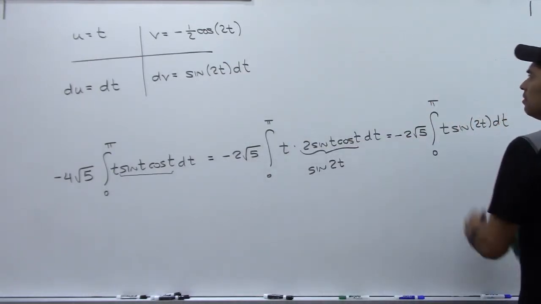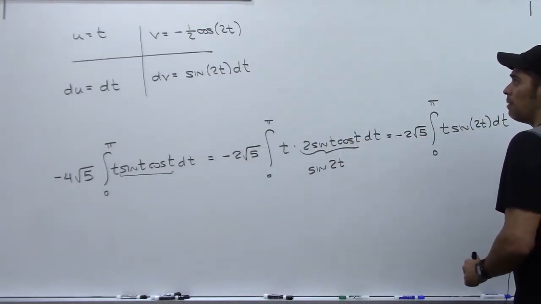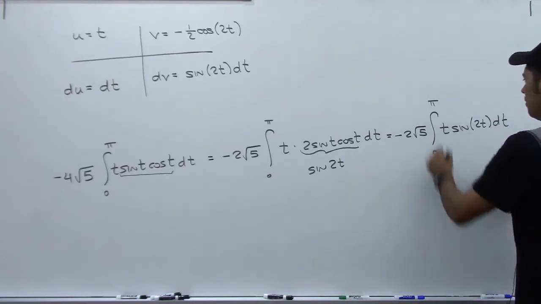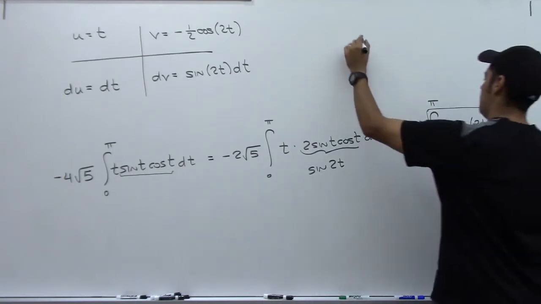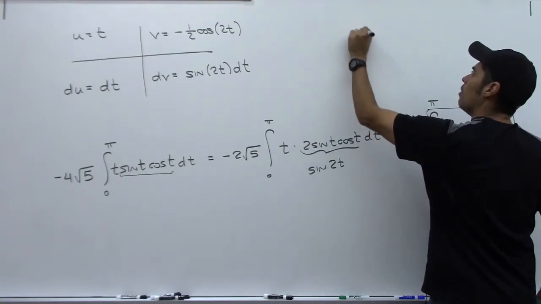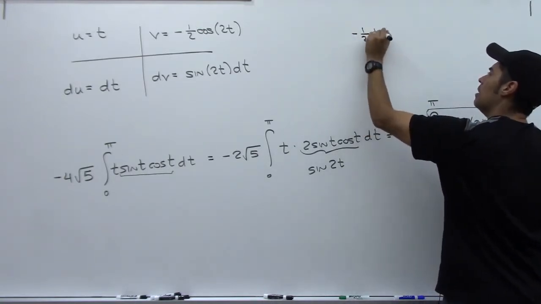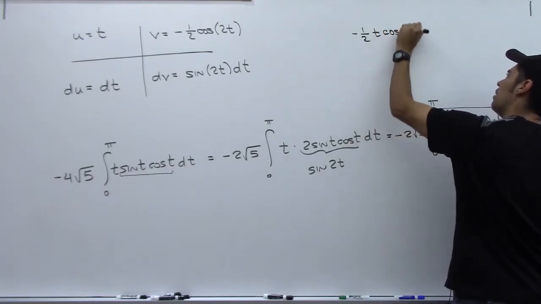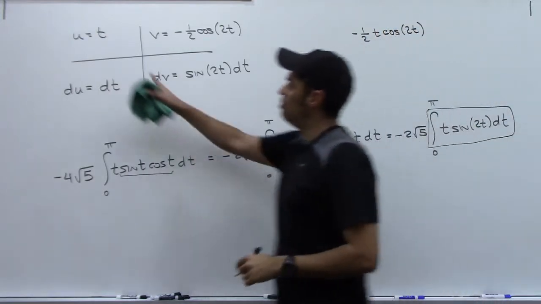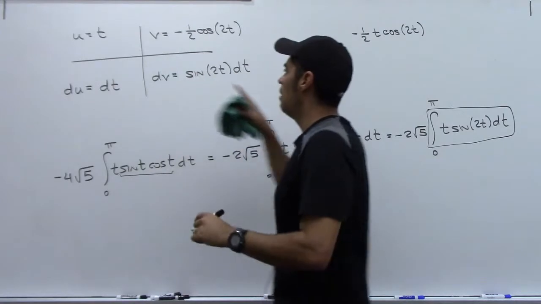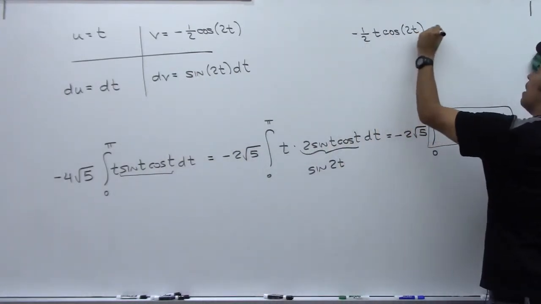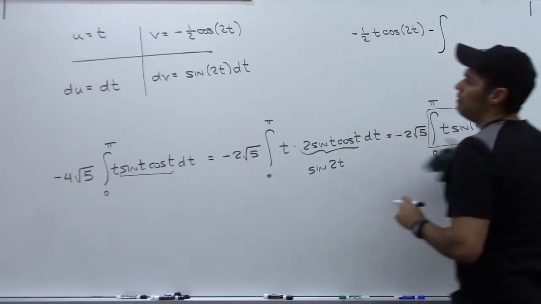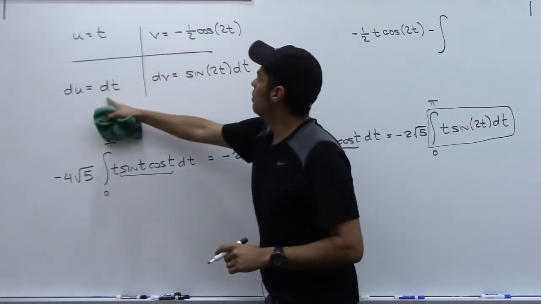So I can do integration by parts, and so this right here will become negative 1/2 t cosine 2t. The formula is u times v, so those two, minus the integral of v du.